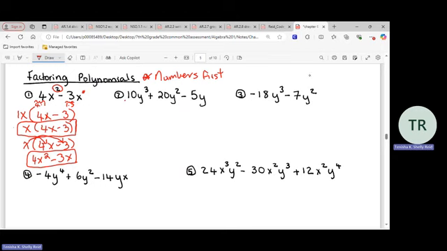Well, I know, first of all, that the only way to get 5 is just 5 times 1. That means let's look at the other two numbers and see if 5 is a factor. Is 5 a factor of 10? Yes, it's 2 times 5. And is 5 a factor of 20? Yes, it's 4 times 5.